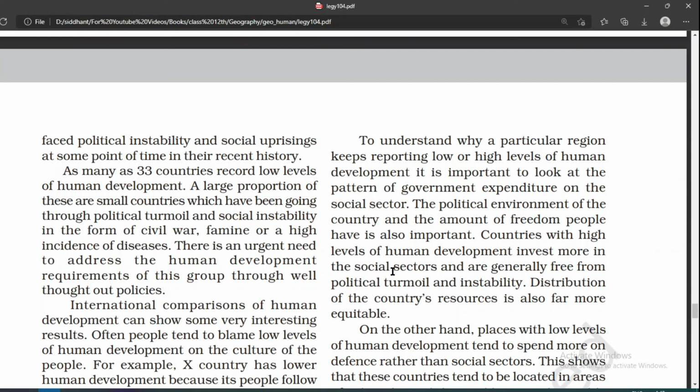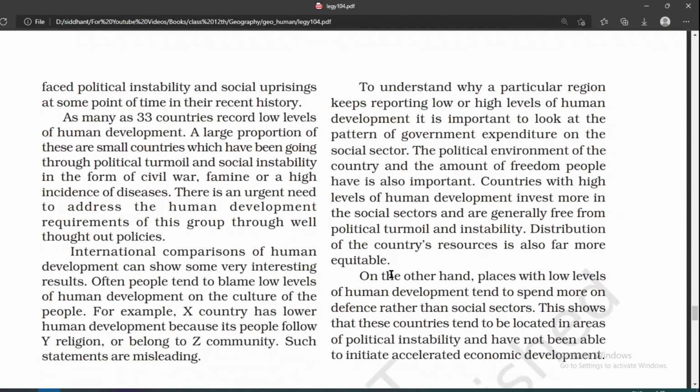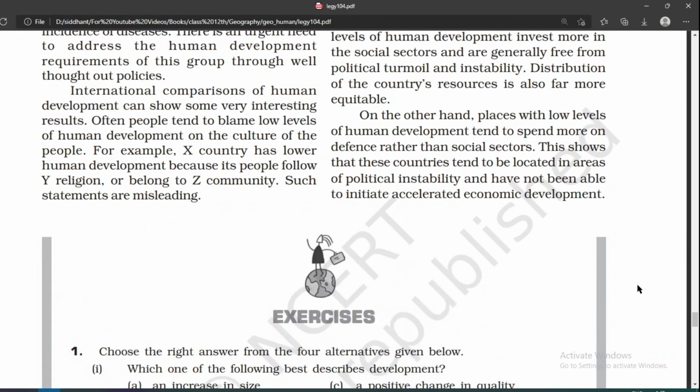Distribution of the country's resources is also far more equitable. On the other hand, places with a low level of human development tend to spend more on defense rather than the social sector. This shows that these countries tend to be located in areas of political instability and have not been able to initiate accelerated economic development.